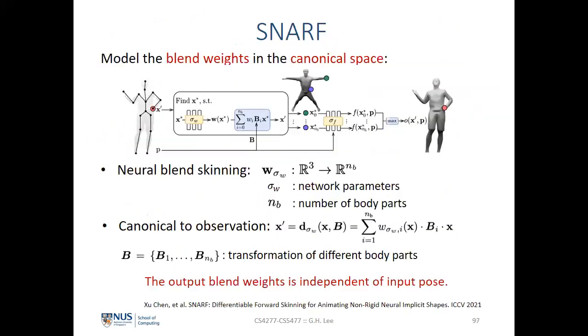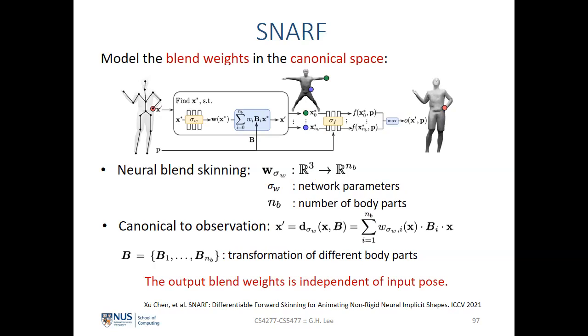This is actually a more correct version. But if you do this, it involves some form of root finding. Because now you are using these weights to find X star or X prime over here, but the weight is now a function of your output.